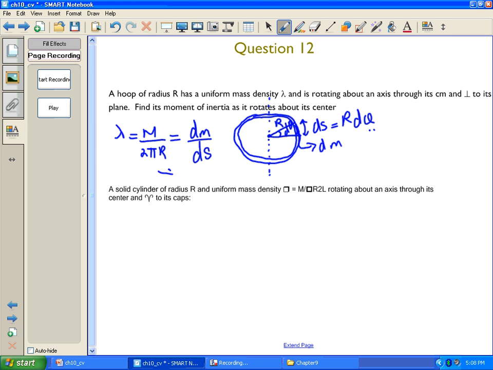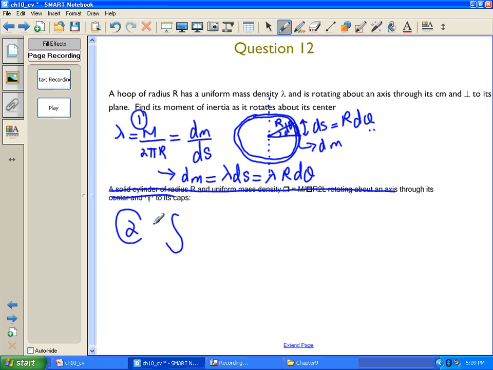So in other words, here, solving for dm, we see that dm is equal to lambda ds, or using the definition of ds, lambda r d theta. So before we actually do this next part, which I'm going to cross off, let's go ahead and work out this first part. So we've set up our integral.